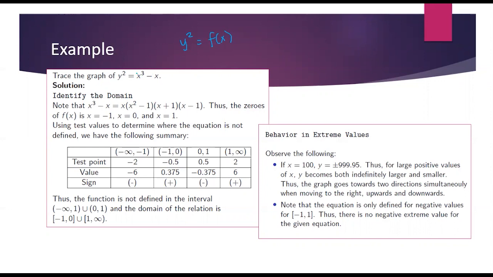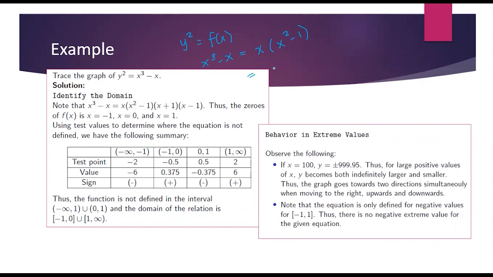If you're going to get the factors of the right side here, we have x cubed minus x. This can be written as, factoring out x, you only have x squared minus 1. But x squared minus 1 is still factorable.